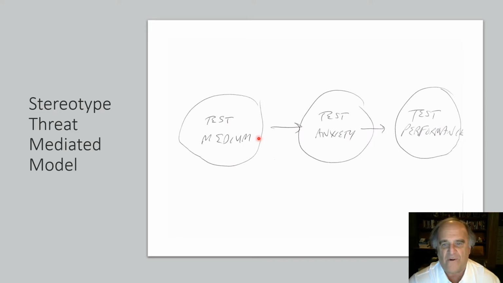And we know, or at least hope, that in our study test medium will affect test performance. And now what we do is insert this mediating variable that we also measure. So, for example, maybe we give a test of test anxiety because we're arguing that the mediator between test medium and test performance is test anxiety.